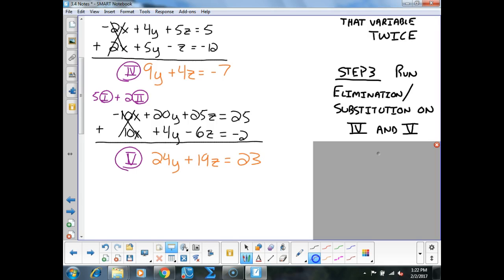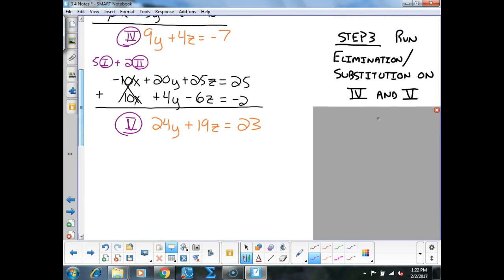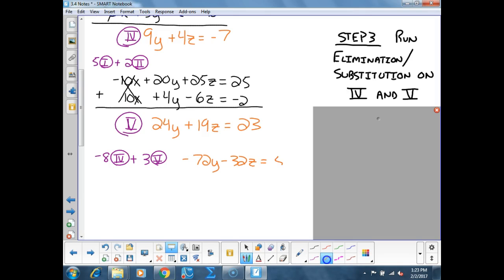If I'm going to eliminate y, then I'm going to go up to 72. So I'm going to go negative 8 times equation number 4 plus 3 times equation number 5. That's going to be negative 72y minus 32z equals positive 56.